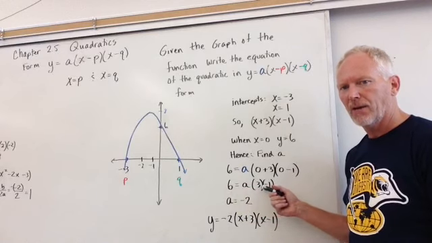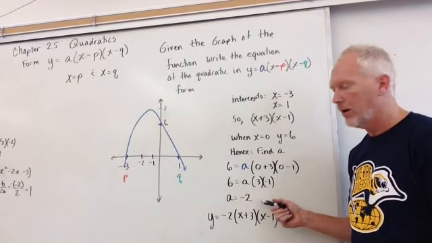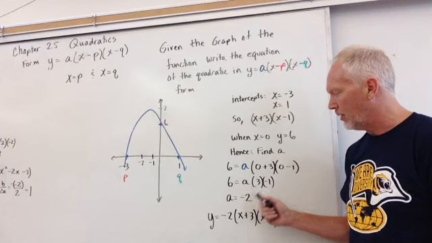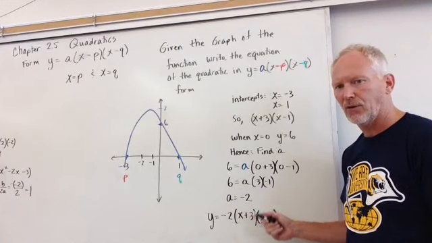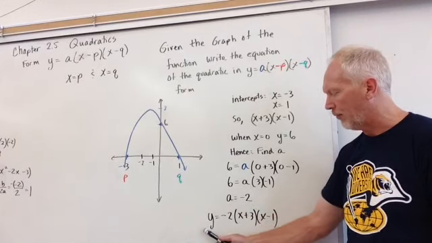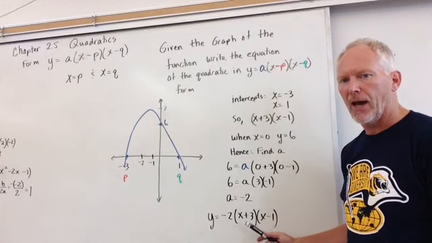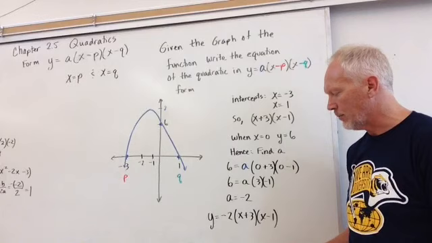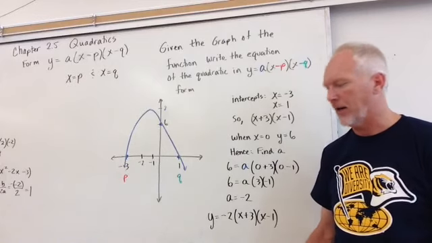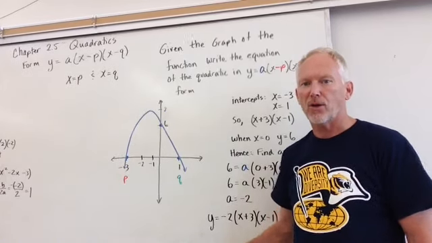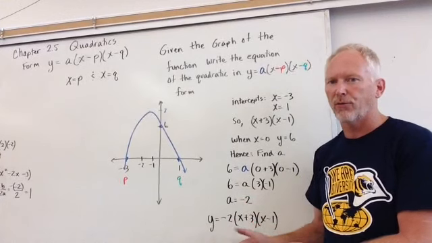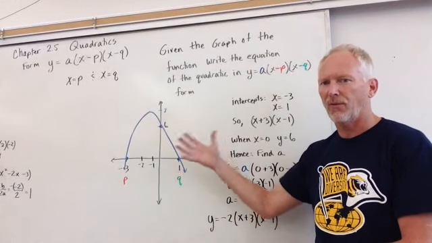We get 6 is equal to a times 3 times negative 1, and when we divide, we get a is equal to negative 2. Then we're able to write our final equation: y equals negative 2 times (x plus 3) times (x minus 1).